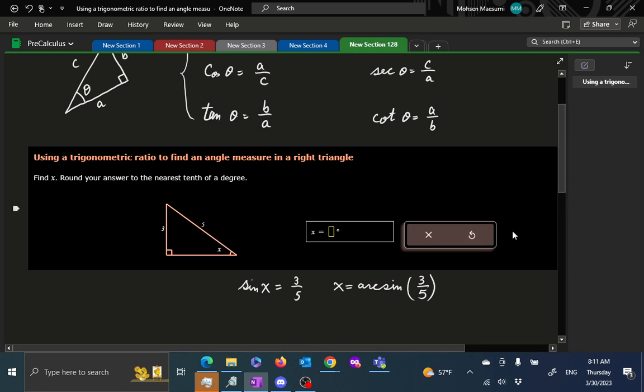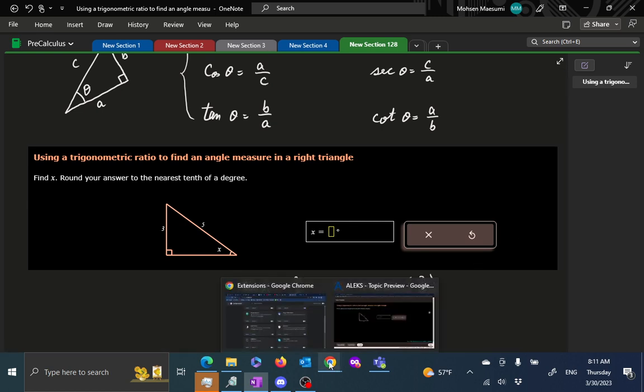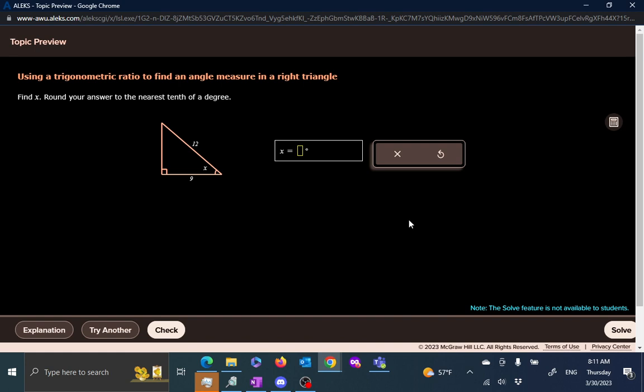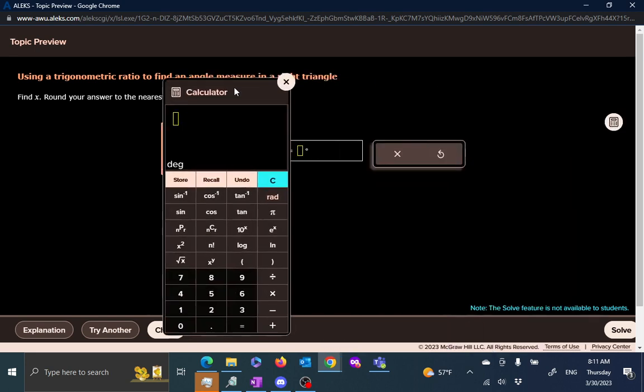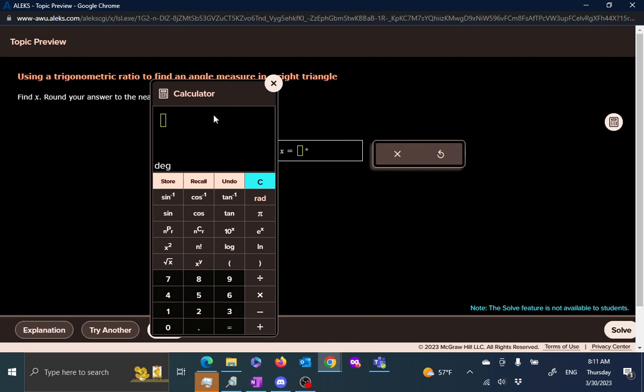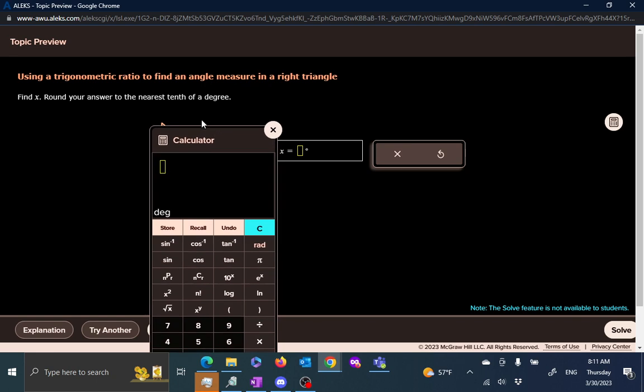So in the page that you are operating in, there's a calculator, and so calculator, when you open it, is in degrees. You want to make sure that's what you want. So for example, this problem says to the nearest tenth of a degree.